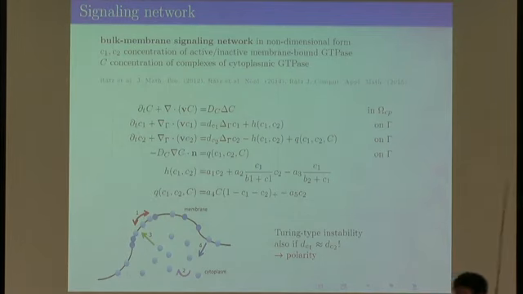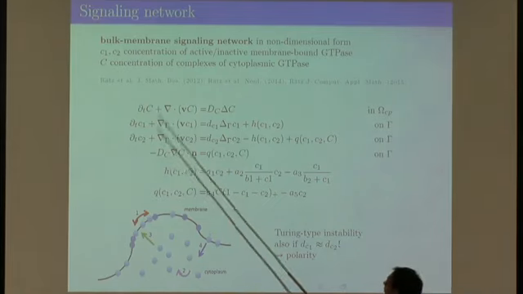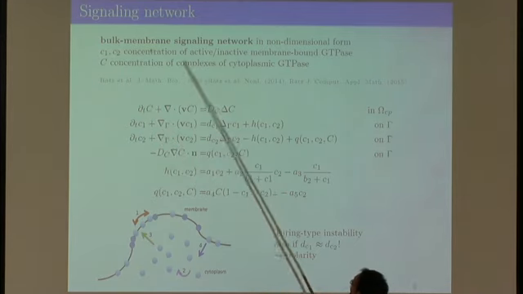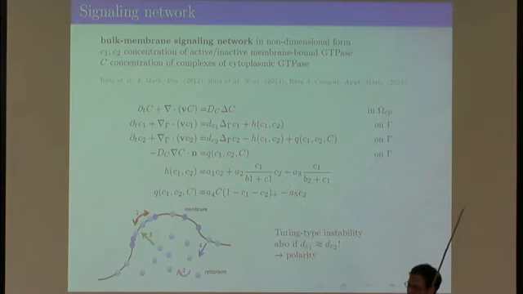Okay, and then we need a signal network, something which gives us a polarity of the system. And we found an interesting work of Andreas Rätz and Matthias Röger, who described such a network for GTPases. So they consider the two concentrations, small c1 and small c2, the concentration of active and inactive GTPases on the membrane, and capital C is the concentration of cytoplasmic GTPase.